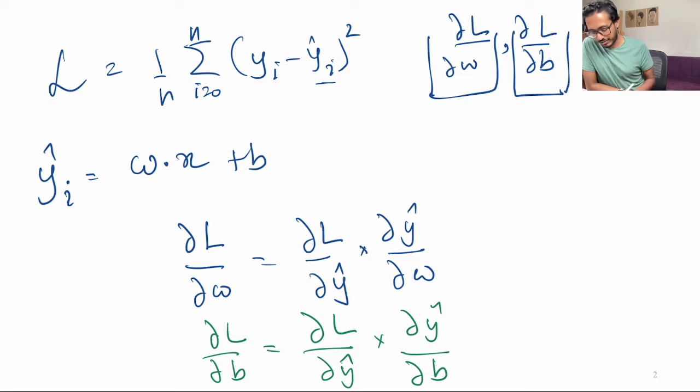If you find delta L over delta y hat, delta y hat over delta W, and delta y hat over delta B, then we are set.